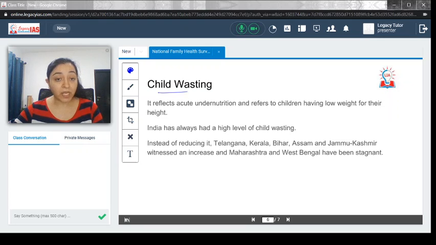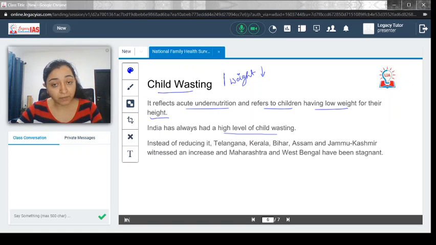Next topic is child wasting, another parameter used to measure child malnutrition. It reflects acute undernutrition and refers to a child having low weight for their height. So compared to their height, if their weight is less, then this particular thing is called wasting. India has always had a high level of child wasting.